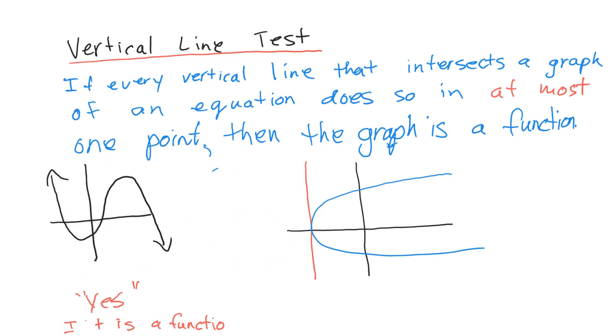Once I hit this new graph, oh my goodness, it looks like I just found 2 points that touch this vertical line at exactly 2 points. And I would say that no, this is not a function.